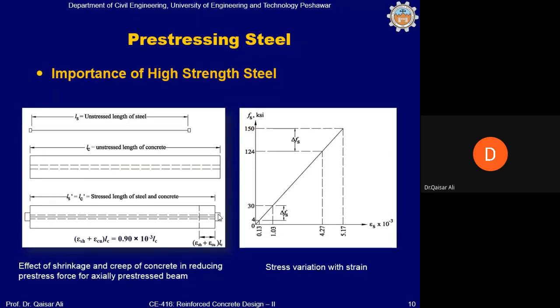And if it is not possible for the steel to regain its original length, it will not produce the pushing force. The pushing force cannot be produced by a permanently stretched member. Okay, so let's say if it is a grade 40 steel, for a grade 40 steel, we will stretch the steel up to 30 ksi, because the yield strength is 40 ksi. So we will stretch the steel up to 30 ksi, and then we will release.